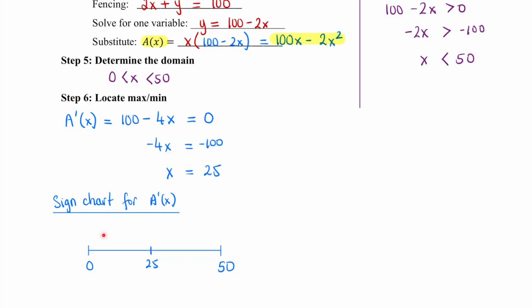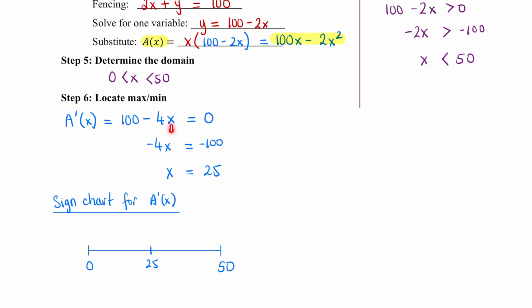I need to check to see if the derivative is positive or negative in each region. In order to do that, I need to pick a test value. I want to pick any number that is in between 0 and 25. For example, the number 1. I plug that into the derivative. So I have 100 minus 4 times 1.